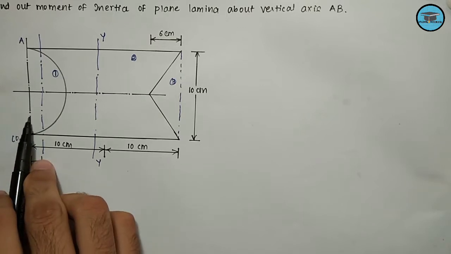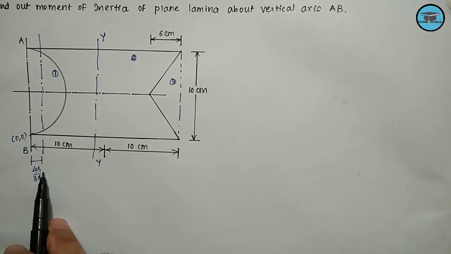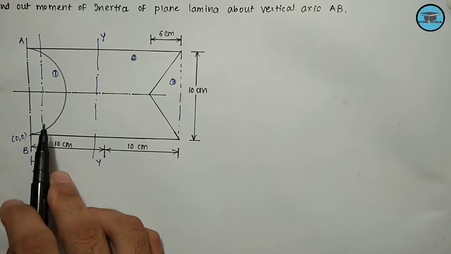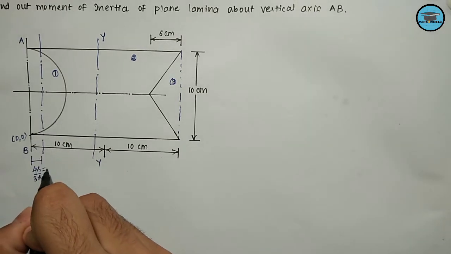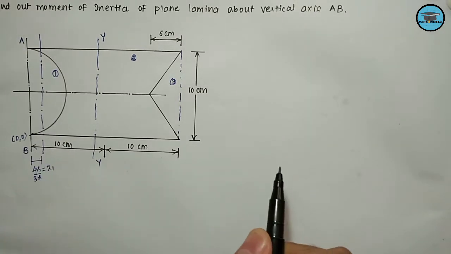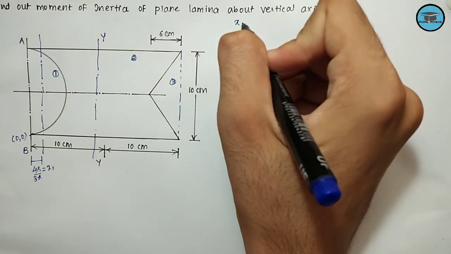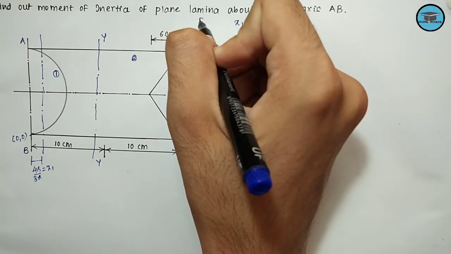From this end the centroid will be lying at a distance of 4r by 3 pi, and we have considered the origin at this point only. So here the centroid will be lying at a distance of 4r divided by 3 pi from the origin. So let us consider this as x1. So x1 will be 4r divided by 3 pi, that is for figure number 1.